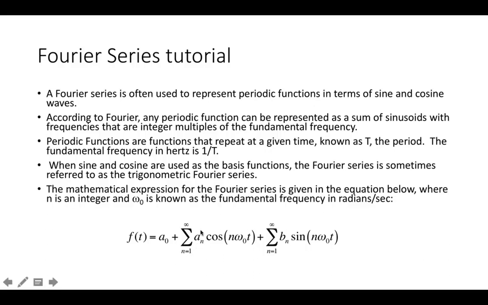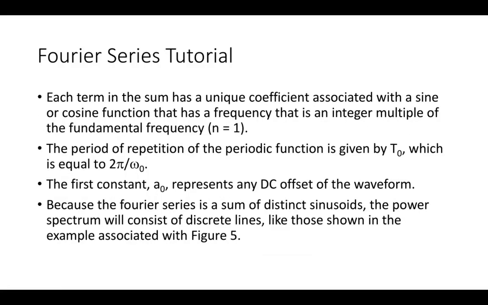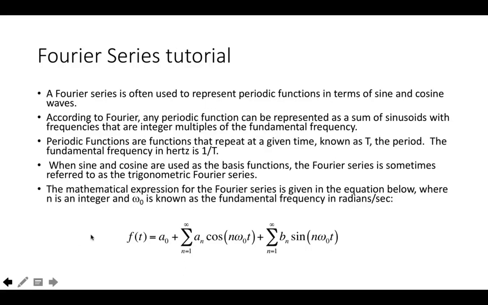What a sub 2, the coefficient when n is equal to 2, represents is how much of that frequency is contained in that given waveform. b sub n is the same thing, only it's multiplying the sine function. And a sub 0 is like a DC term. In a given signal, you'll often have a bunch of different frequencies, and you'll have a DC offset or a DC term.